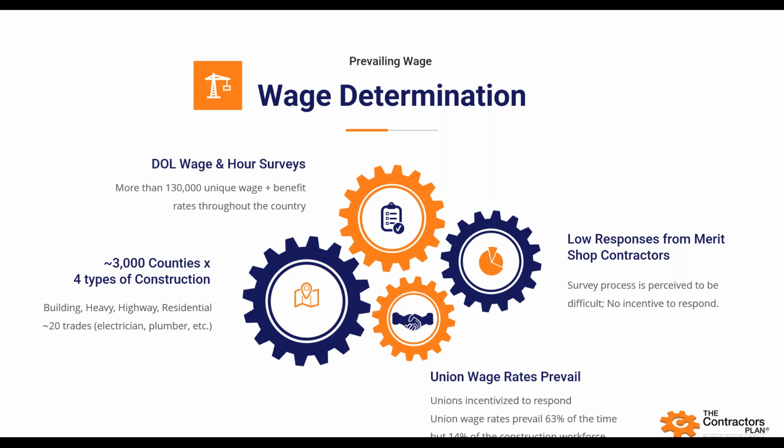Highway, which is pretty self-explanatory, and residential, which is pretty self-explanatory. You've got approximately 20 trades of craft workers, so electricians and plumbers and carpenters and roofers and so on. So you multiply all those up, and that's how you get to the 130,000.